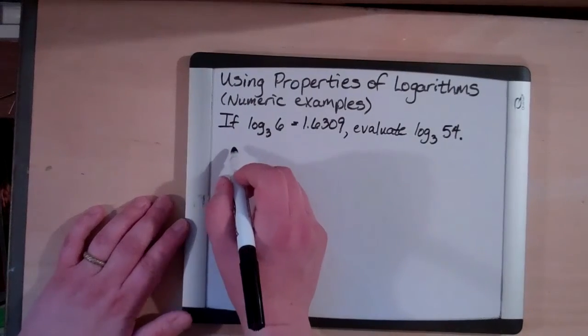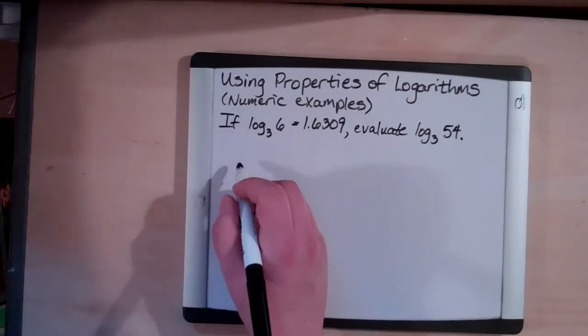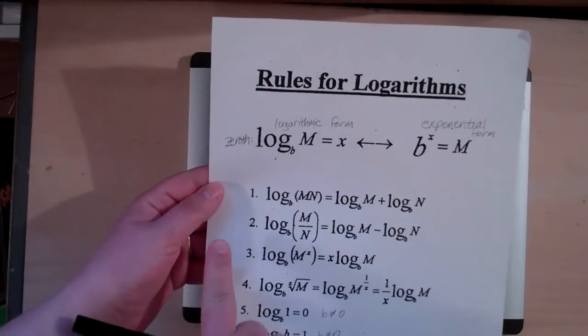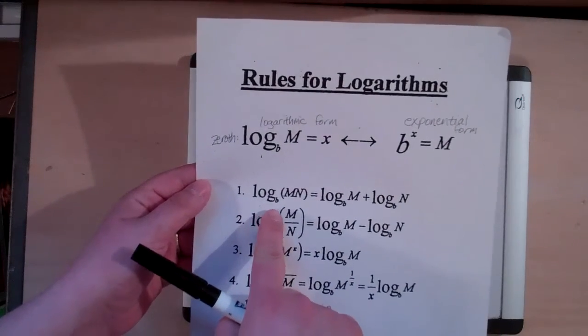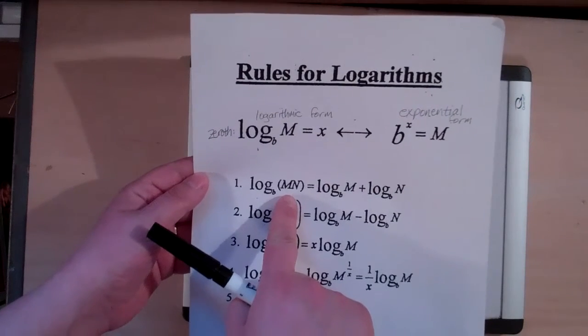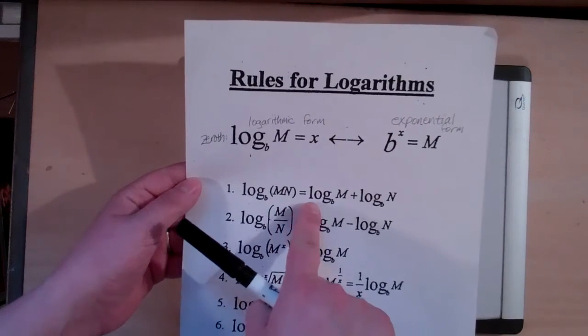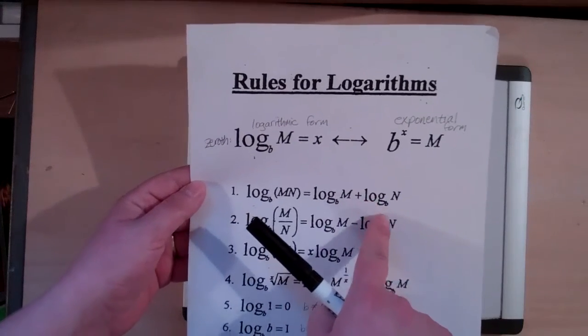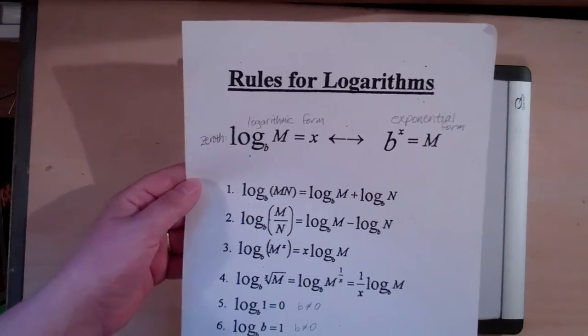So what I can do is I can use the properties that I mentioned before, which I'm going to use rule number 1, that log with a base b of the number m times n is going to equal the log with a base b of the number m plus the log with a base b of the number n.